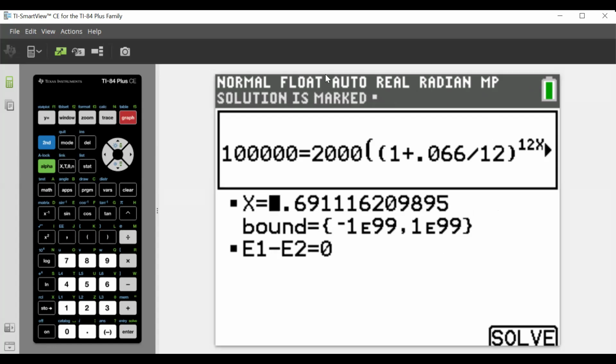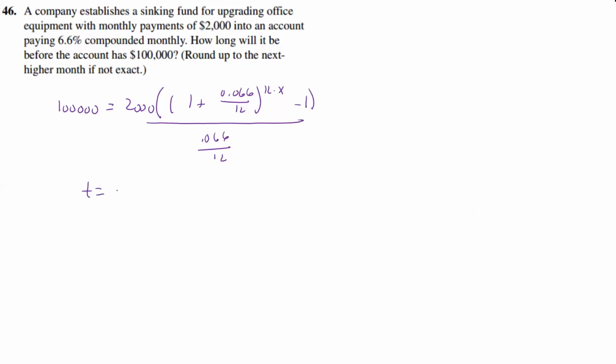So let's go back over here and see what it says to do. It says t is equal to, and I put x, but that's okay, 3.69 years. And now they want it in months though.